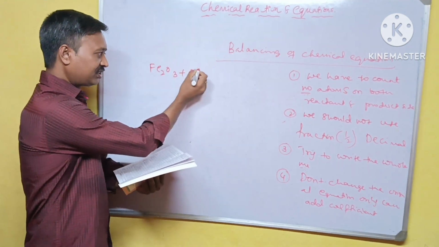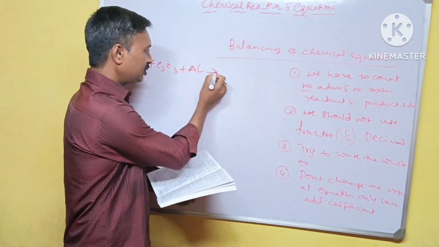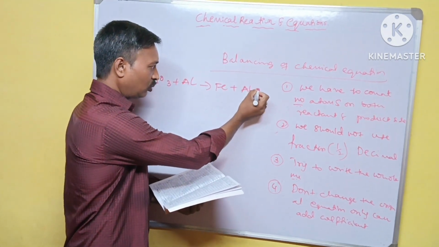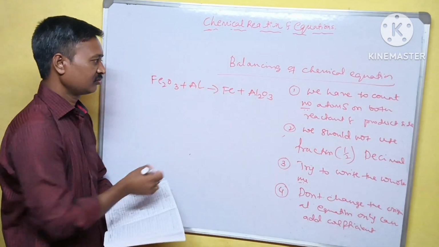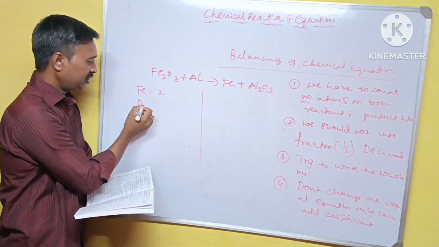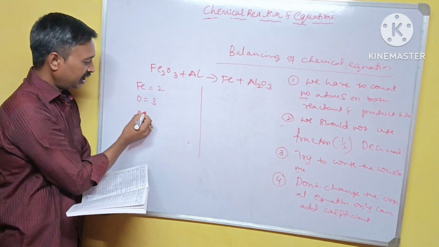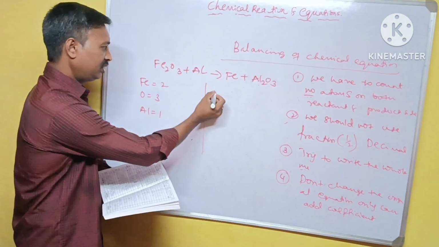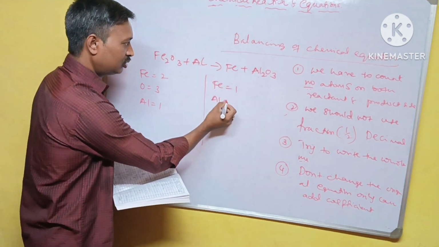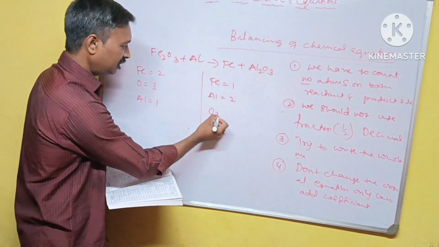Fe2O3 plus Al gives Fe plus Al2O3. Count. How many Fe here? 2. How many oxygen here? 3. How many Al here? 1. This side Fe 1, Al 2, oxygen 3.